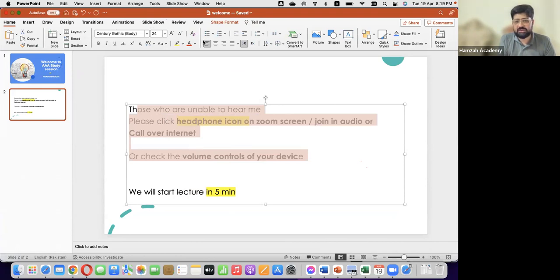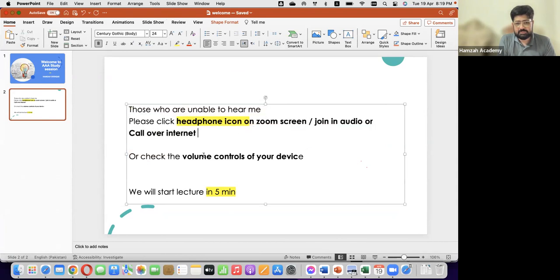I cannot proceed further if everyone doesn't confirm. Urveshi is there, and Vishna.